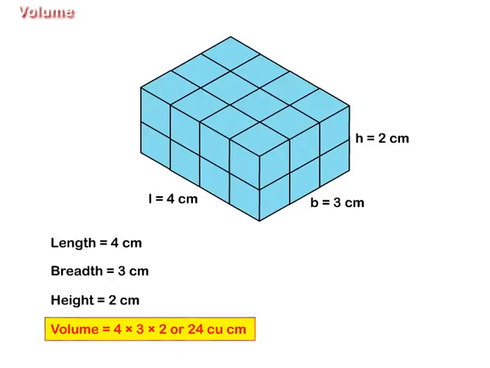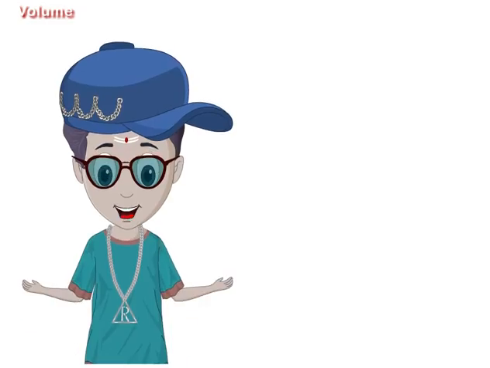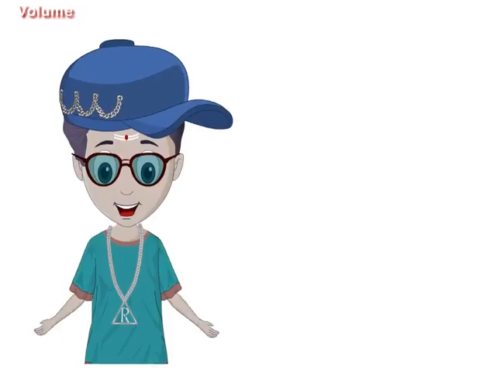So it occupies the volume of 4 multiplied by 3 multiplied by 2 is equal to 24 cubic centimeters. Thus we find that the volume of a cuboid is equal to length multiplied by breadth multiplied by height cubic units.